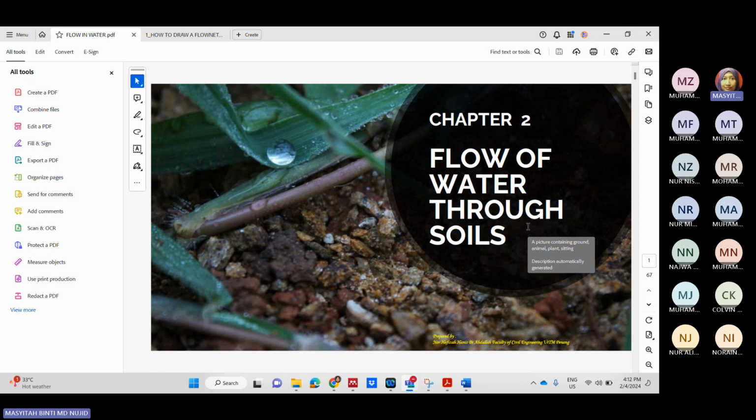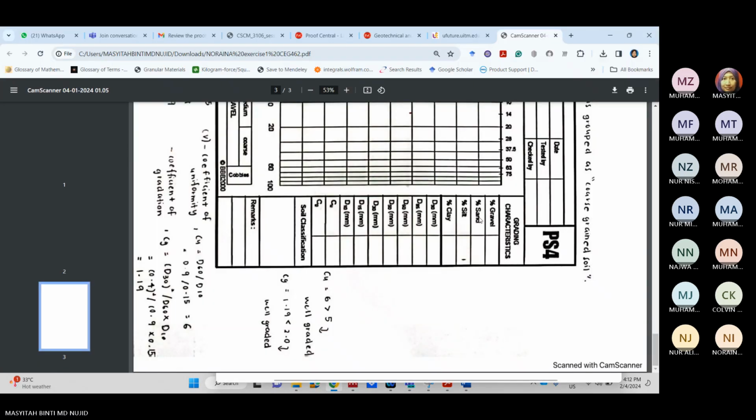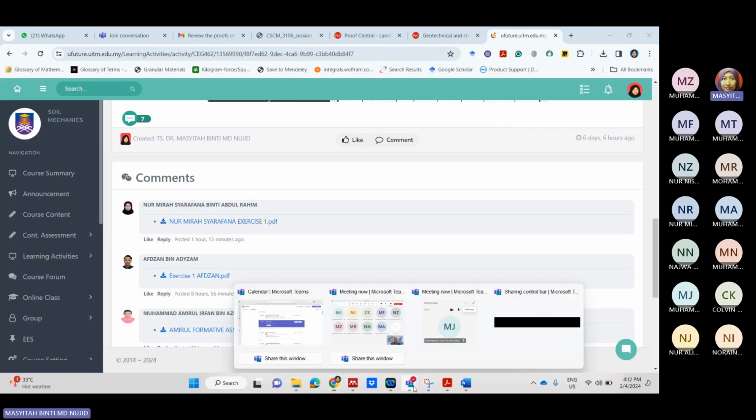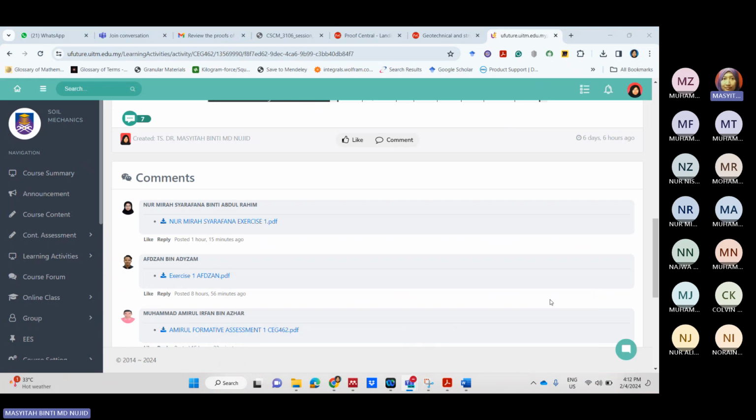Kalau kata kita ada fine soil ni tanah jenis apa kelas? Mostly fine soil kita tanah terdiri pada apa group? Sand. Fine soil, fine.